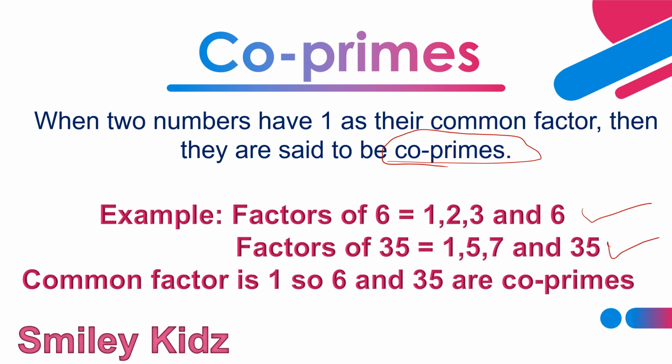Here in both the numbers 6 and 35, 1 is their common factor. So 6 and 35 are co-primes. So when two numbers have 1 as their common factor, then they are said to be co-primes.